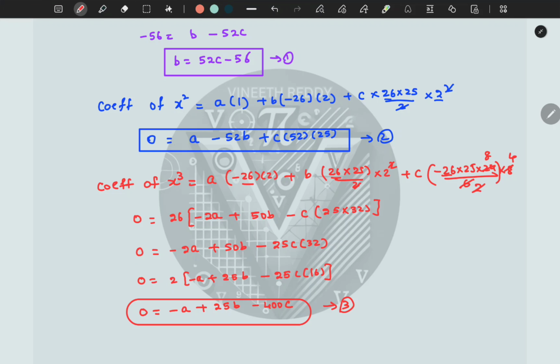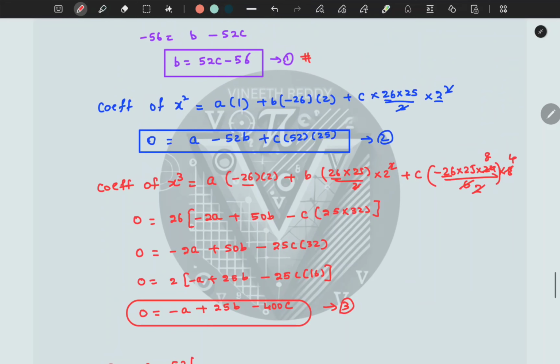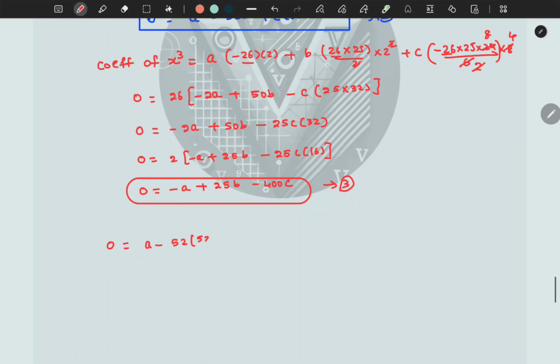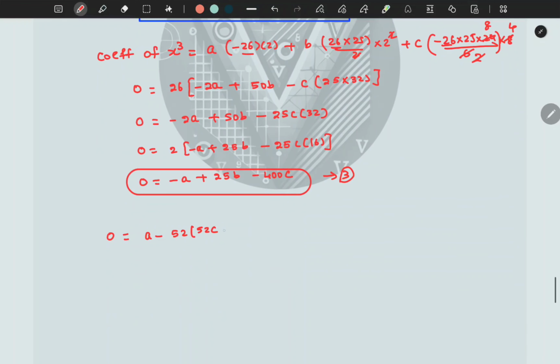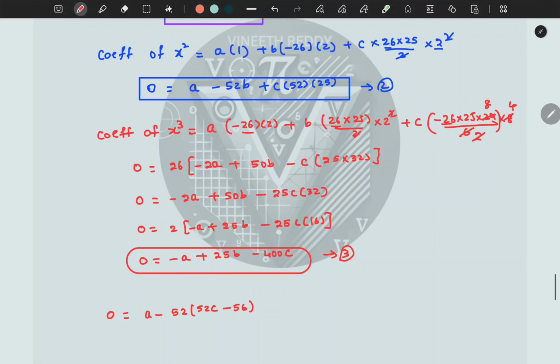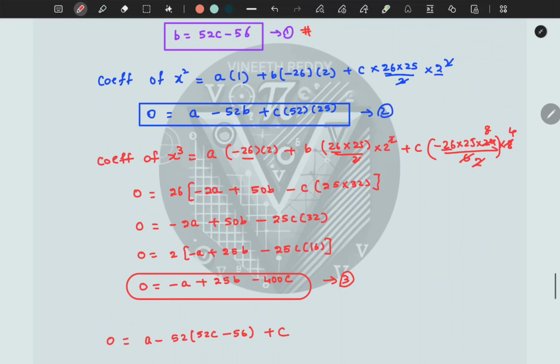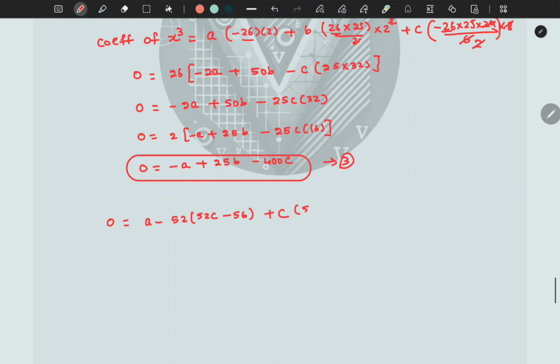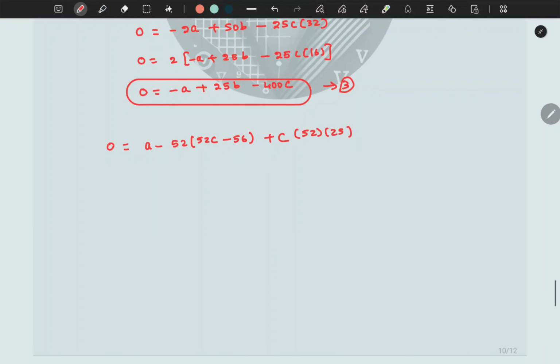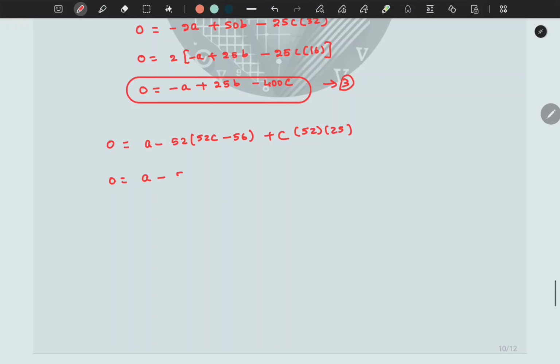So we get 0 is equal to a minus 52 into, instead of b we can write 52c minus 56, and then we can write plus c into 52 into 25. So we get a minus 52 whole square c plus 52 into 56 plus c into 52 into 25. We can take 52 common from these two terms.